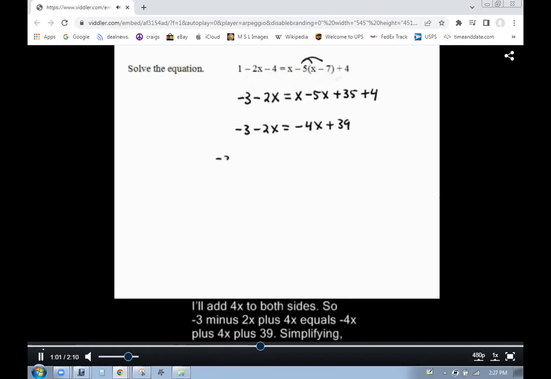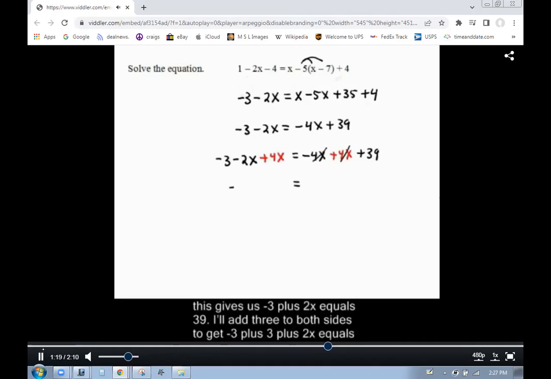So negative 3 minus 2x plus 4x equals negative 4x plus 4x. Simplifying this gives us -3 plus 2x equals 39.